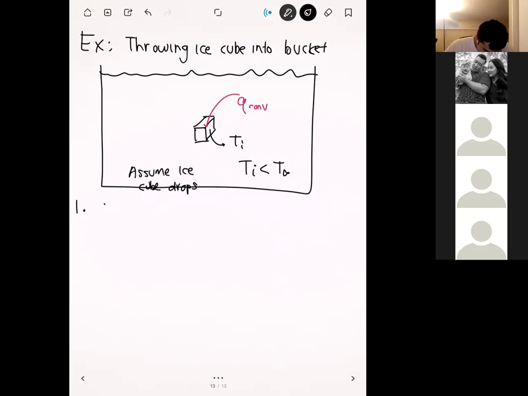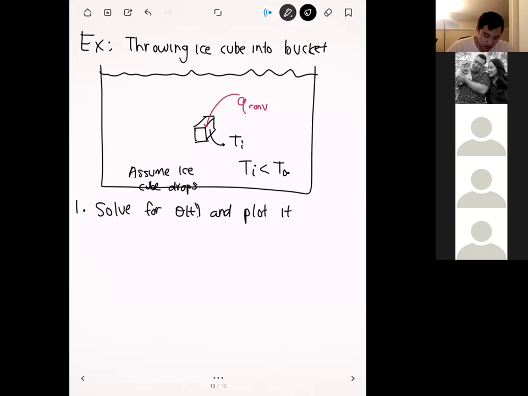So we're going to solve for theta of t and plot it. Let's start with that, and then we'll get to the other parts of the problem after that.